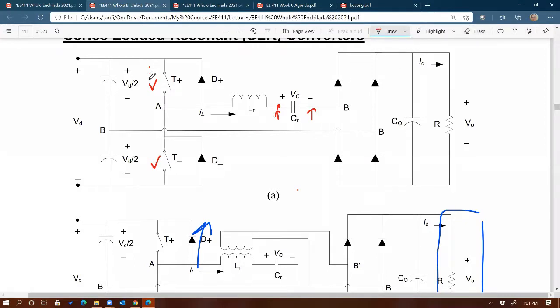So you got plus minus VD over 2 there, and plus minus VD over 2 there. Agree? If that is the case, look at what's sitting across T minus. It's D minus. So at this point, D minus is reverse biased. So you can also analyze it that way by using the input side. What you used earlier is also valid, by looking at the waveform.